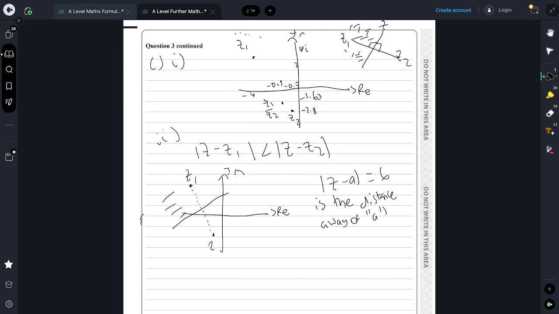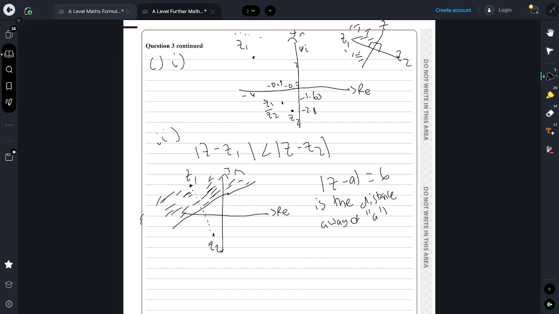And so there's points again. Is this Z1, Z2? With this diagram here, it has to be on the side of Z1 in order for the distance to be closer to Z1. So say if Z is on the fence here, that's the perpendicular bisector. It has to be closer to Z1. That's what this is saying, the distance between here and Z1. And for that to happen, that's the region here.